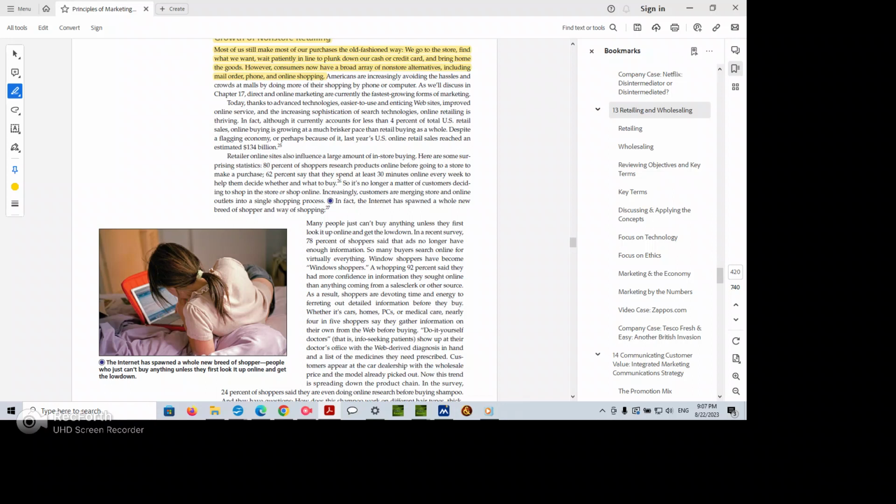Retailer online sites also influence a large amount of in-store buying. For example, it might be surprising to know that 80% of shoppers research products online before going to the store to make a purchase. Now, as of 2023, that's probably not as surprising anymore.